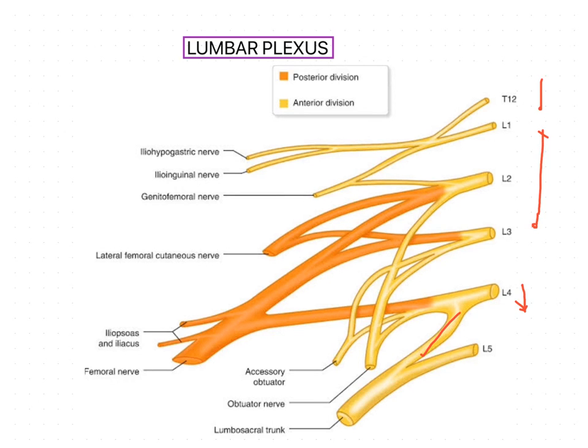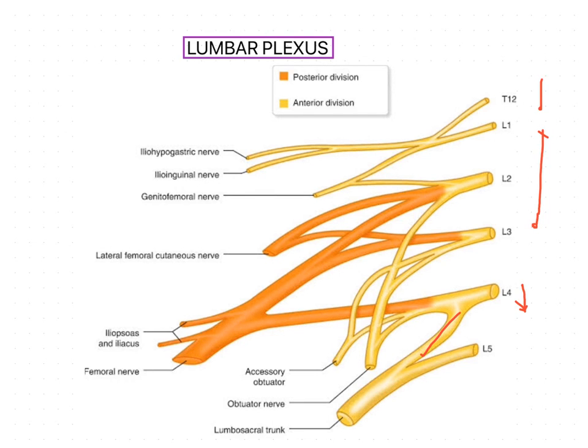So the L4 bifurcates to take part in both lumbar and sacral plexus, and it is called as nervus furcalis. Okay, so this is the introduction of lumbar plexus.